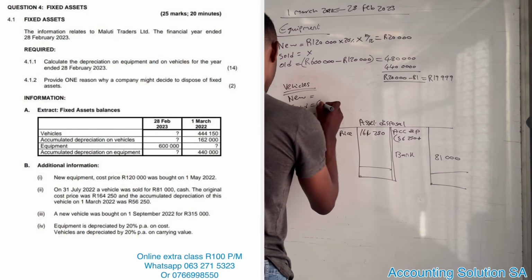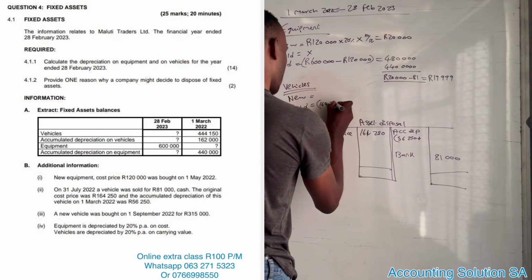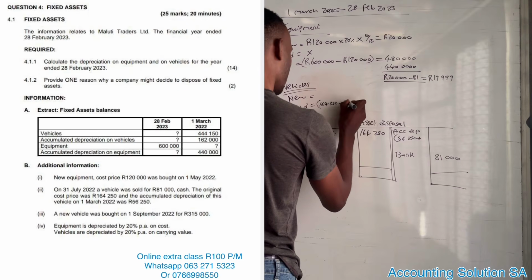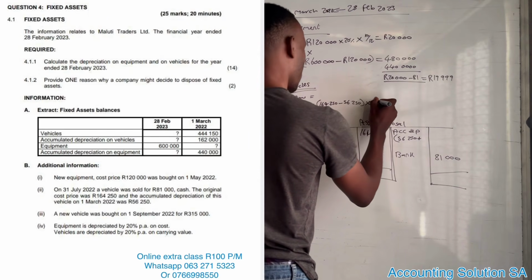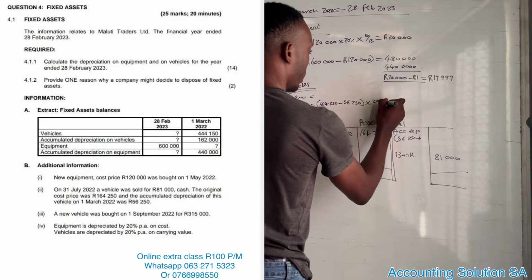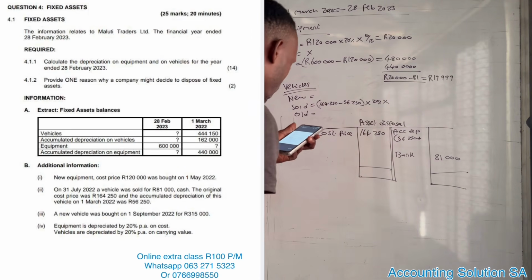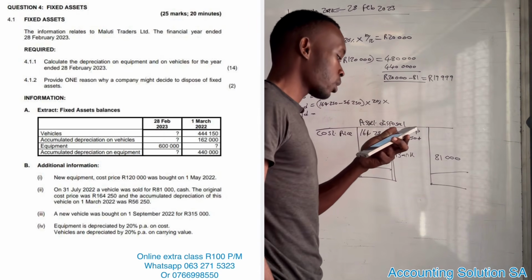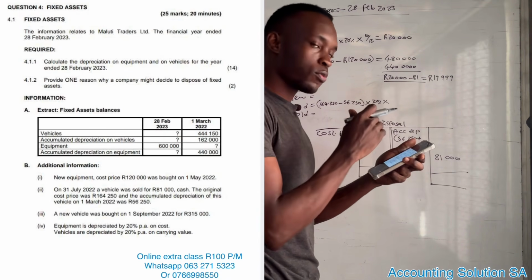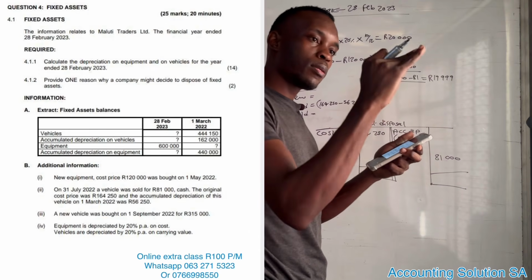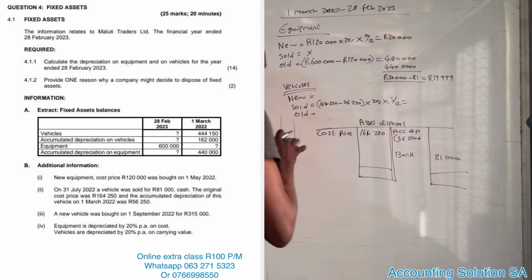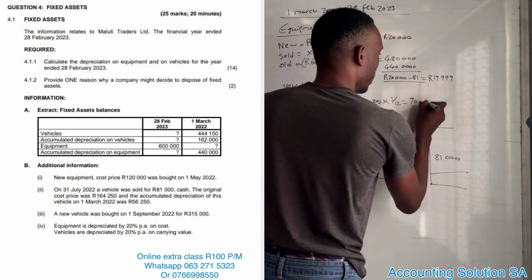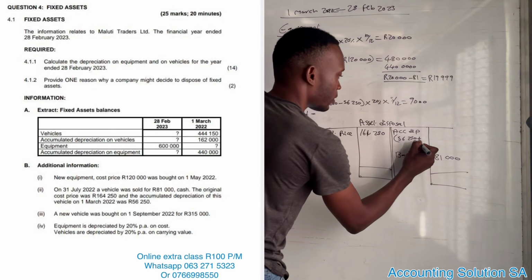Cost was 164,250 minus accumulated depreciation of 56,250, multiplied by 20%, and then you count months. It was sold on 31 July, which means you count from March up to July: March, April, May, June, July. That is 5 months, 5 over 12, and you get 9,000.